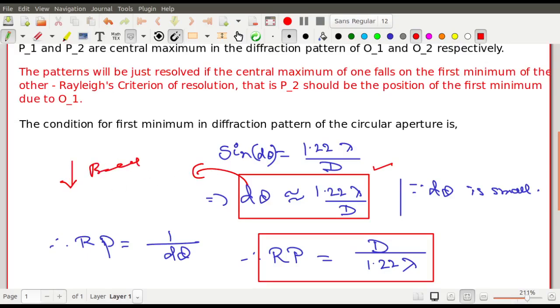Smaller d theta, better resolution. The smaller theta it can resolve, the better I will call the instrument, right? And in the sense of power, whom do I call better? The more the power, the better the instrument, right? But here, smaller is the value, better is the instrument. Understand this, yes? Smaller is the value d theta, better is the instrument.